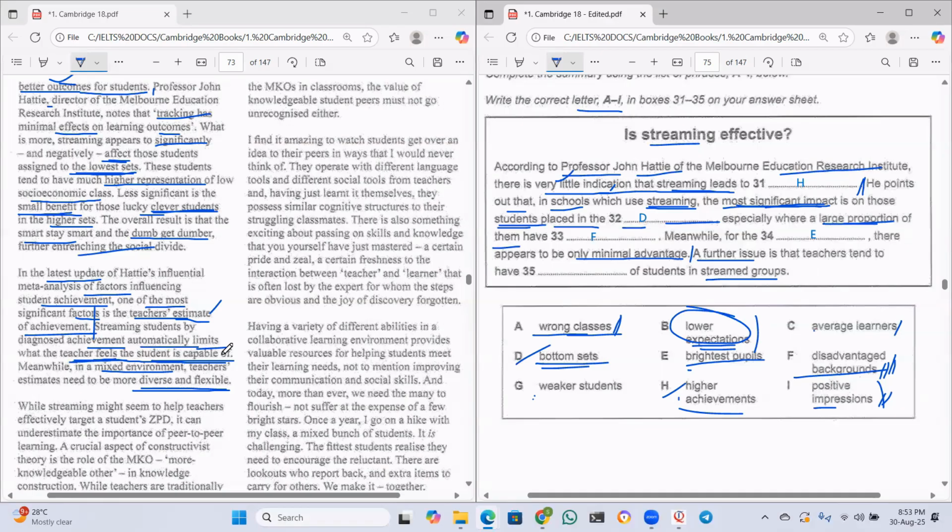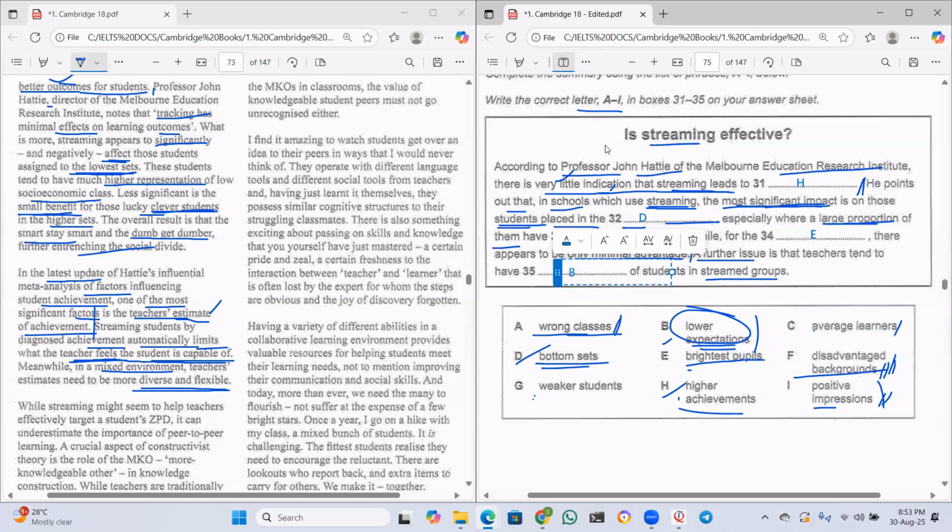Limiting means lowering your expectations. Now the teacher doesn't feel the student is highly skilled. So teachers are not feeling too high about the students. They are lowering their expectations. So a further issue is that teachers tend to have lower expectations of students in streamed groups. So B should be the right answer, guys.